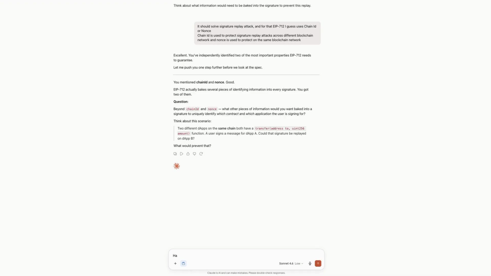Having address to explicitly in the message would prevent that, because dApp A and dApp B will have independent addresses.